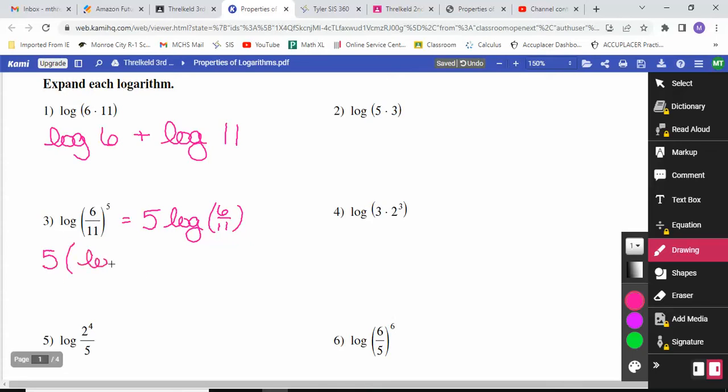Log 6 minus the log of 11. I kept that 5 out in front because everything was to the 5th power, so the 5 really applies to all of them. You could certainly distribute that if you would like. You could write 5 log 6 minus 5 log 11. I do not care. But that exponent was applying to both the 6 and the 11, so it needs to be in front of both.